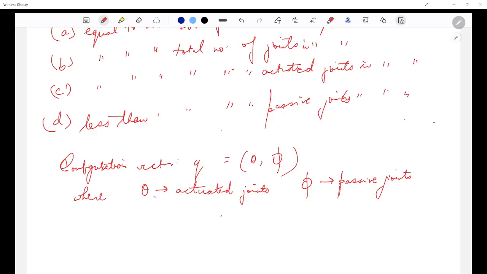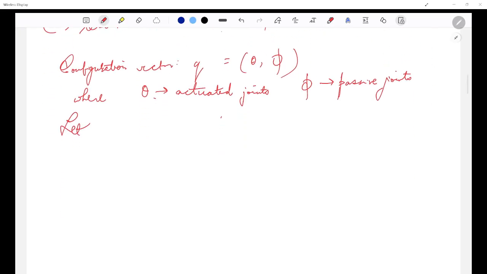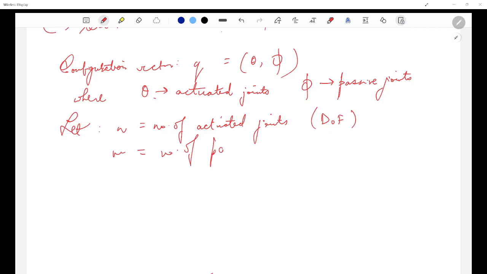Let n be the number of actuated joints, which is our degrees of freedom. We already saw that, right? And m is the number of passive joints.